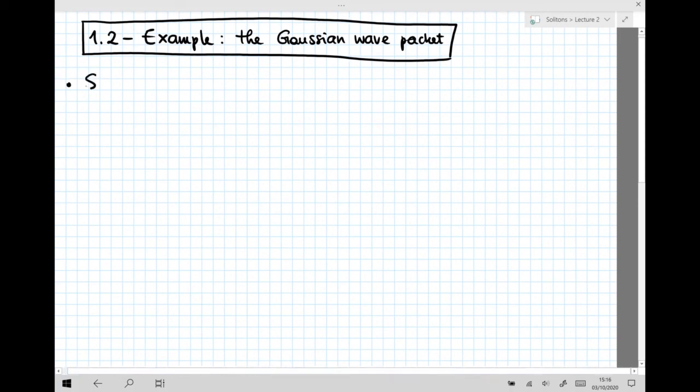This is the simplest example of a localized field configuration, which, following the previous logic, we obtain by superposition of plane waves.